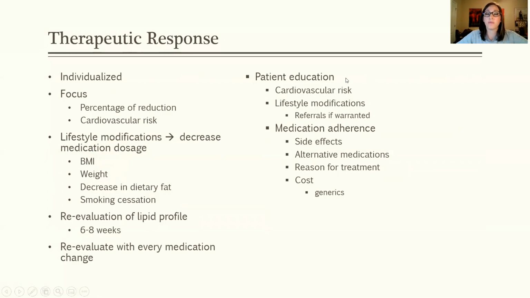Patient education is very, very important, especially because of the cardiovascular risk. Decreasing cardiovascular risk by telling patients to exercise, giving them ideas for things they can do to exercise, whether it be just walking or doing more high intensity exercise, depending on what their level of ability is.